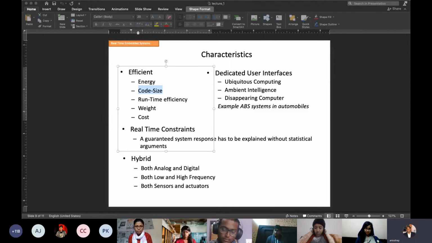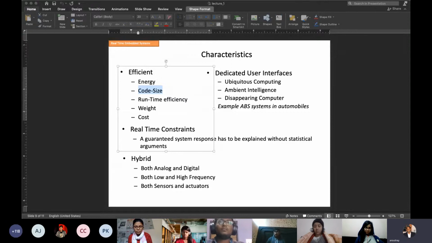Then communication with the sensors. User interface is a part of the communication. And then there are sensors and there are actuators. These are major components of an embedded system.